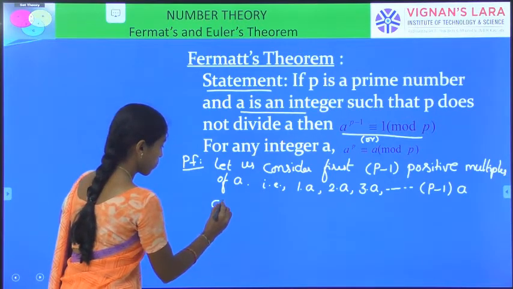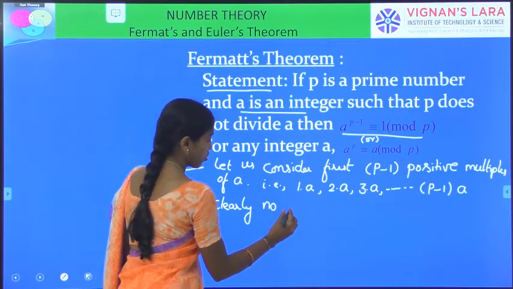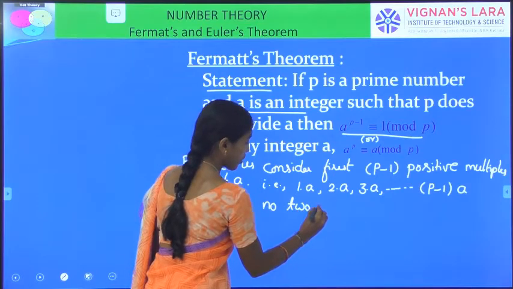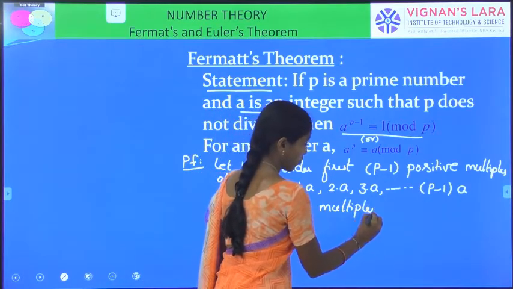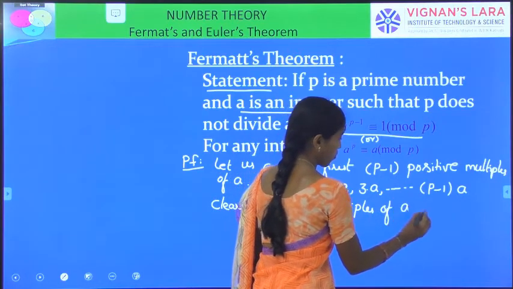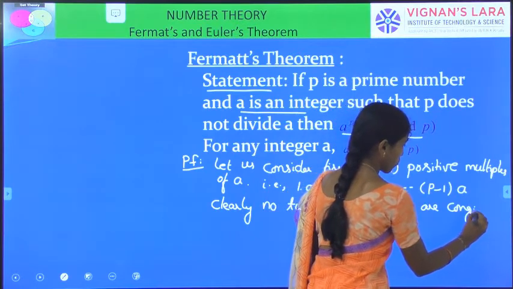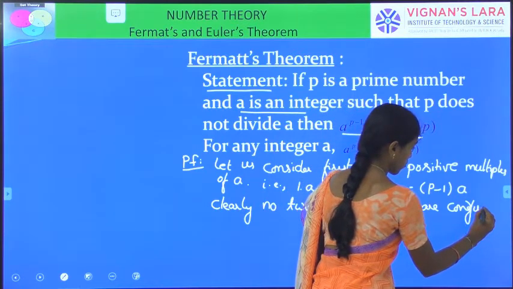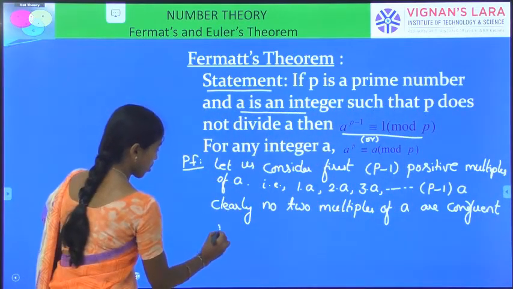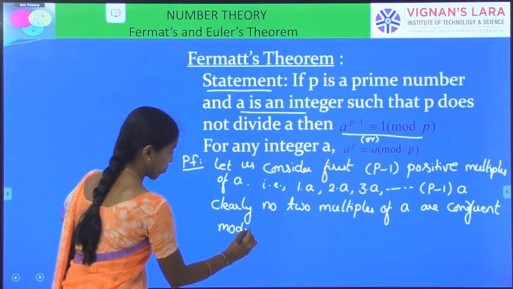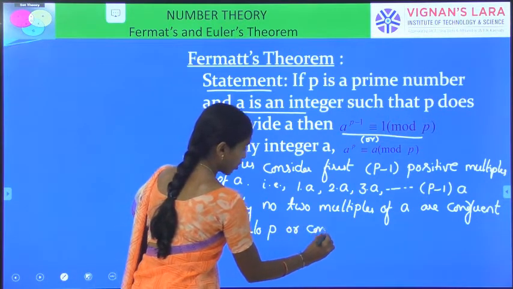Clearly, no two multiples of A are congruent modulo P, or are congruent to 0.